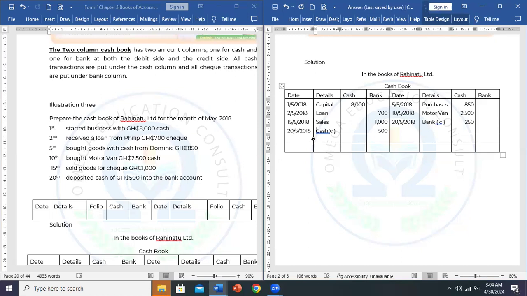So you see, cash is paying to bank. Cash is paying, bank is receiving. There's a reverse where you go and withdraw from bank. When you withdraw from bank, it means bank is giving to cash.